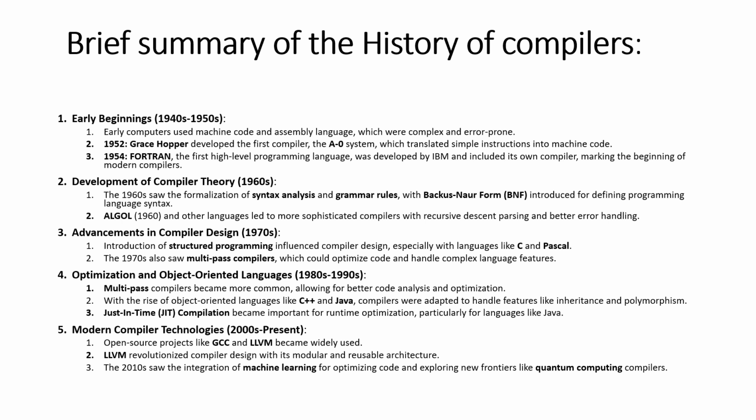Then in the 1980s to 1990s, object-oriented languages like Java and C++ came into existence, with runtime optimization and better code analysis and optimization techniques. Just-in-time compilation was introduced, used at runtime. Before, all these compilers were used before executing the program, but just-in-time compilation is used at execution time.